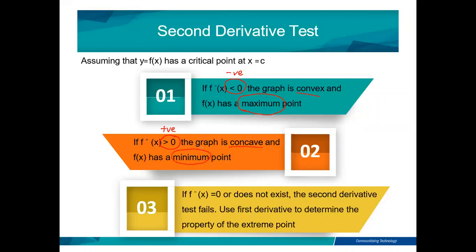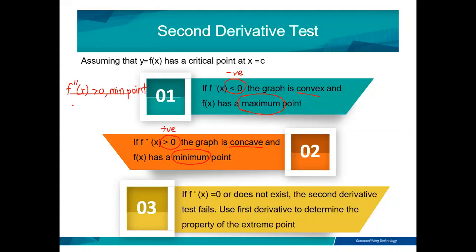The easiest way to remember is the opposite. What does that mean? f double prime x greater than 0, positive, it has a minimum point.